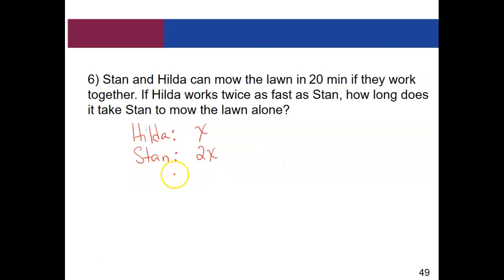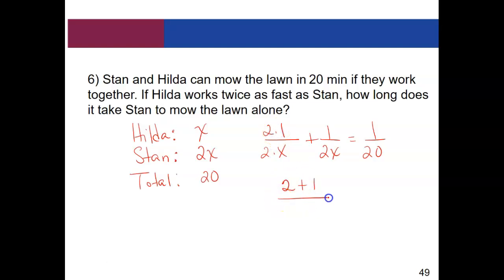Okay, the total time we already know that the two work together is 20 minutes. So when we set this one up, we're going to have 1 over Hilda's time plus 1 over Stan's time, and that's going to equal 1 over the total time. We need to get a common denominator here, so I'm going to have to multiply this one by 2. So I'm going to have 2 plus 1 over 2x, and that's going to equal 1 over 20.